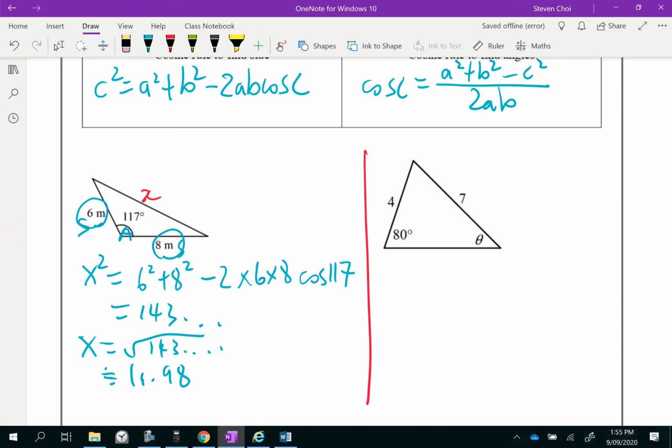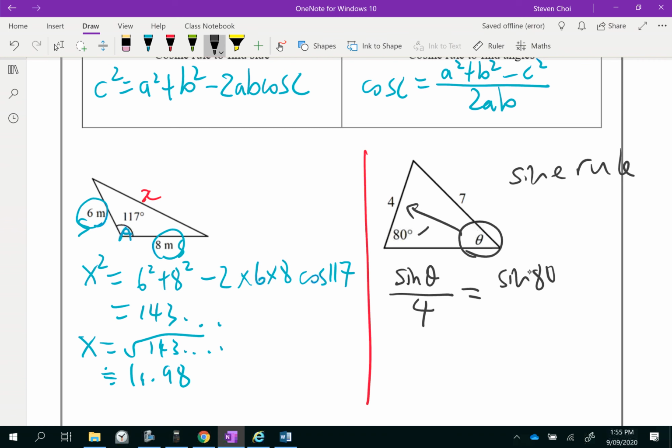All right, what rule do we use? It's S, and then you've got the A, but then there's an S there, but it's not SAS. So you use the sine rule. So how do we use the sine rule? If you are finding angles, start with the sine first. Sine of the angle over 4 equals sine of 80 over 7. And then you multiply both sides by 4, and then you shift sine to get the answer.